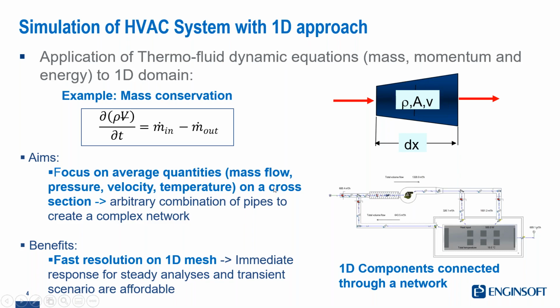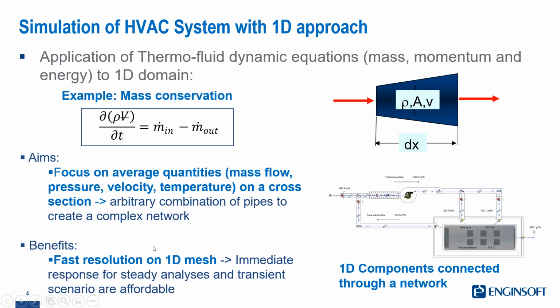Then you can follow this distribution of pressure, velocity, and temperature across the line, and you can follow the process flow diagram. And you can also have an arbitrary combination of pipes, and you are able to create a really complex network with this kind of approach, following all the paths of the HVAC system, just linking all the parts of the system.